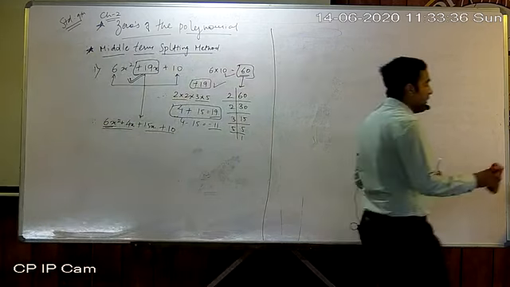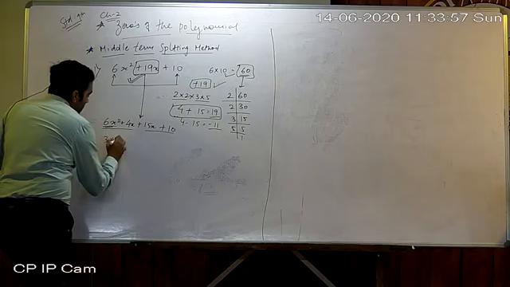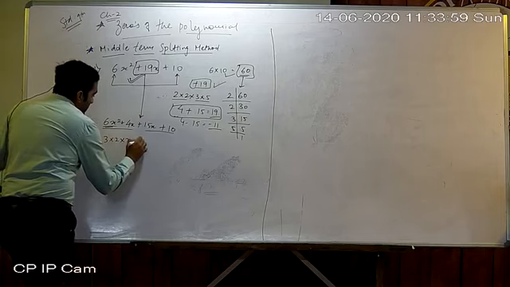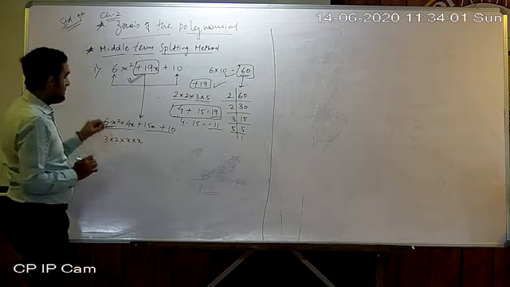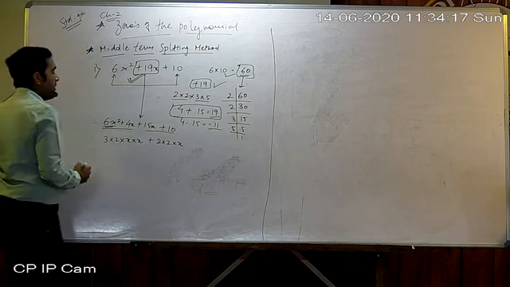So I split 6x square as 3 into 2 into x into x. Here it is x square, therefore I'll write x into x. Now you have to split 4x as 2 into 2 into x.